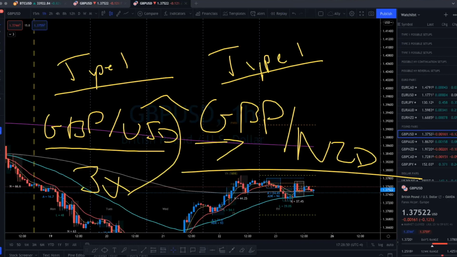So you're going to get 3 times more the opportunities to trade your favorite setup if you just switch to pound USD versus pound NZD.